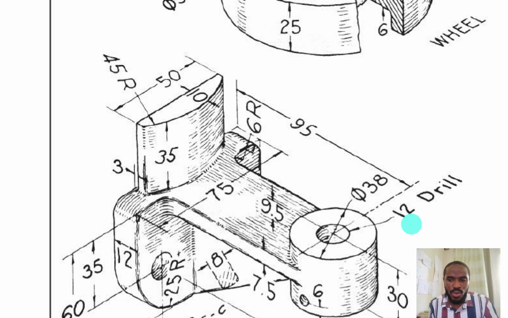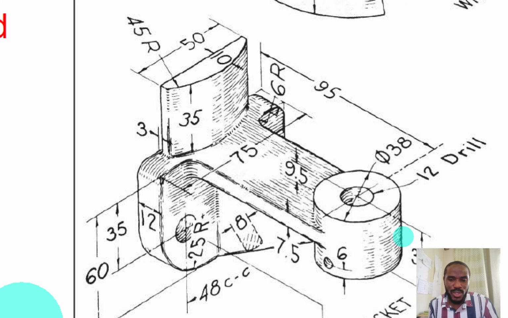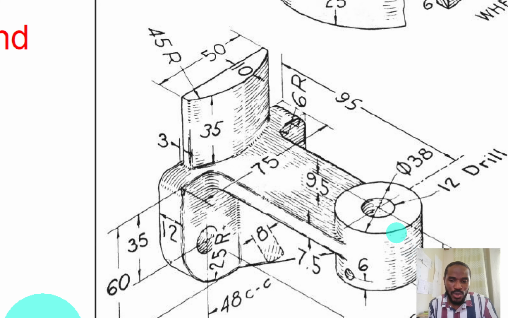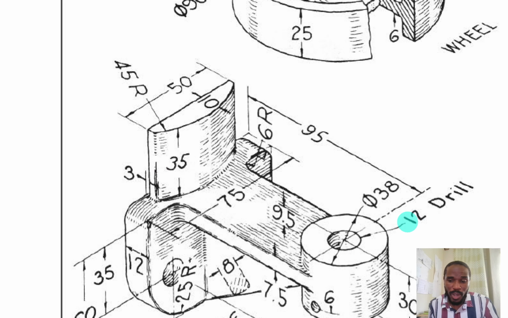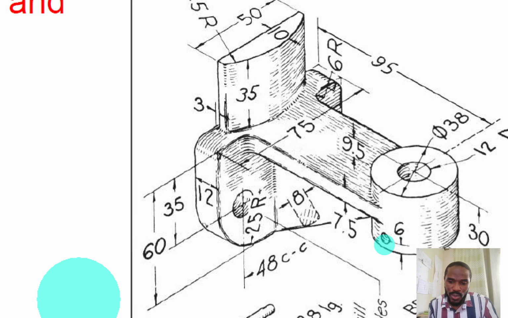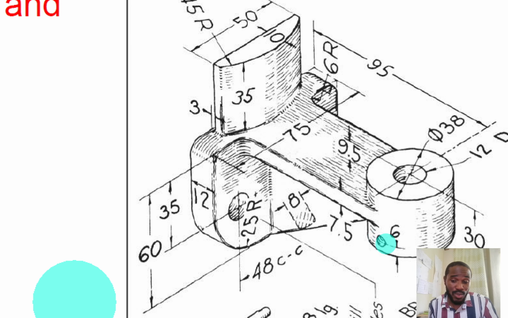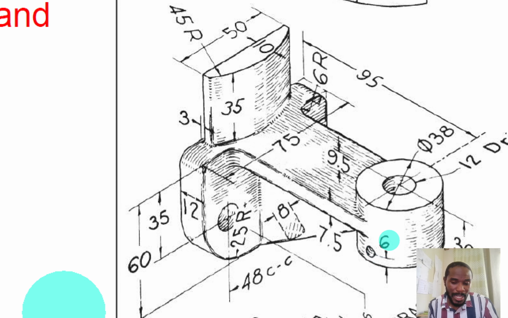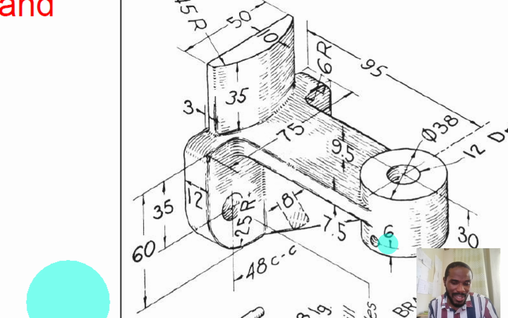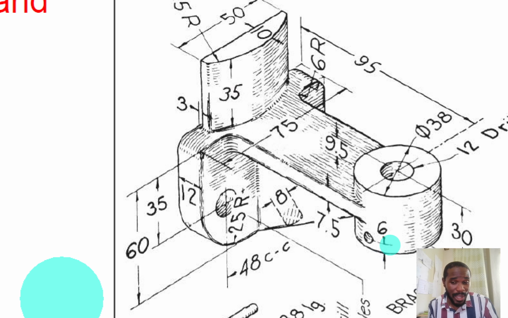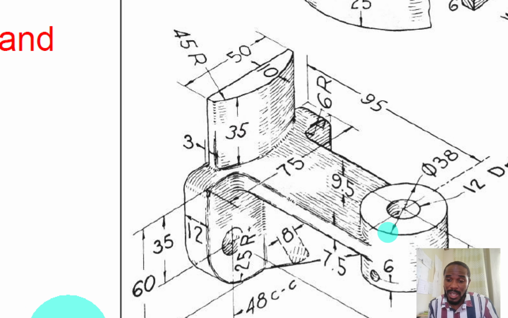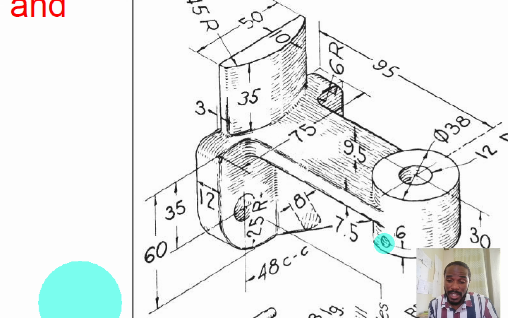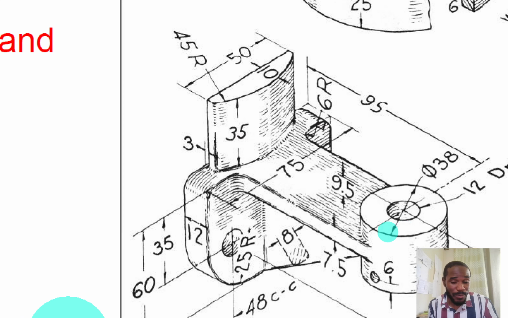When you look at the bracket where the wheel is going to be fitted, you see that there is this hollow cylinder with a 12 millimeter hole at the middle. Now you see again where the taper pin is supposed to go in. The center of the hole where it will go in is 6 millimeters from the bottom. Now, if the total height of the cylinder is 30, what that means is that the center of this hole is 24 millimeters from the top.